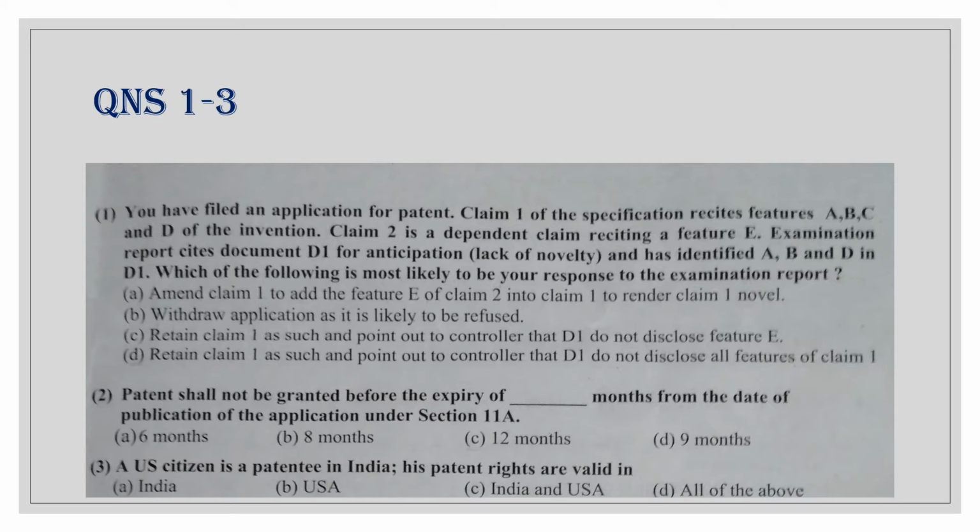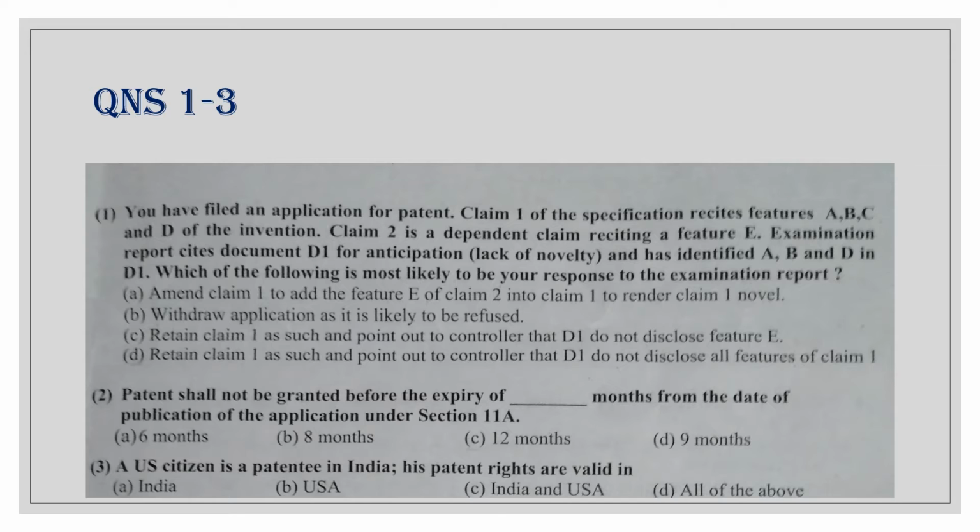Now, the examination report cites document D1 for anticipation. And what is the reason? The reason is lack of novelty. So, in the examination report the document is D1, and it reports that this invention lacks novelty and has identified A, B and D in D1.